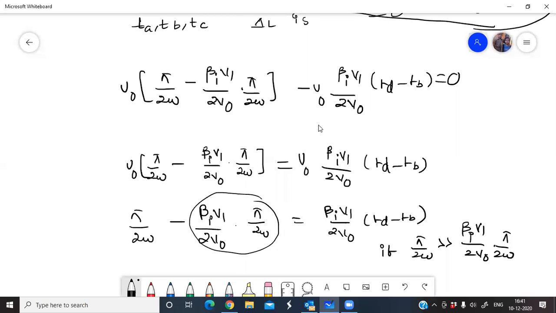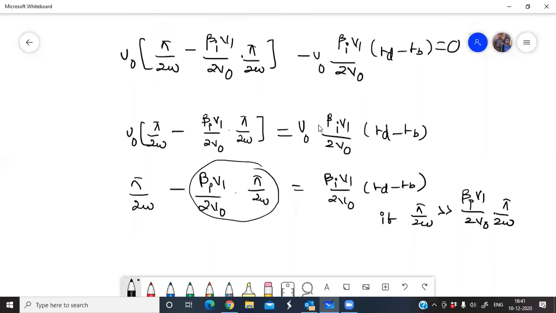With the proper values of beta I, V1, V naught and omega in the design of a Klystron amplifier, definitely you will get this value very small compared with pi by 2 omega. With proper design consideration only, the condition is pi by 2 omega greater than beta I V1 by 2 V naught pi by 2 omega. You will get clarity when you go for the problems.